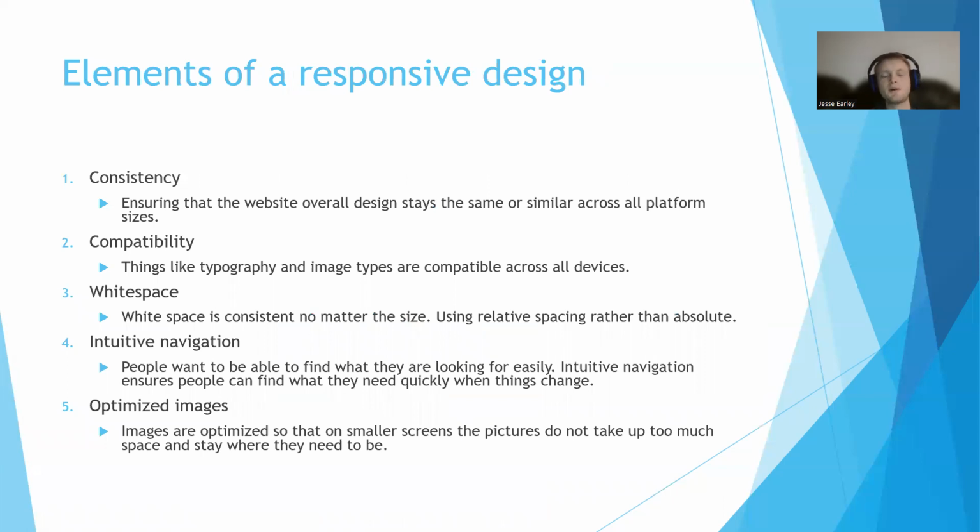The elements of a responsive design, there are 5 elements, which consists of consistency, compatibility, white space, intuitive navigation, and optimized images. Consistency, this means that you are ensuring that the website's overall design stays the same or similar across all platform sizes or screen sizes.